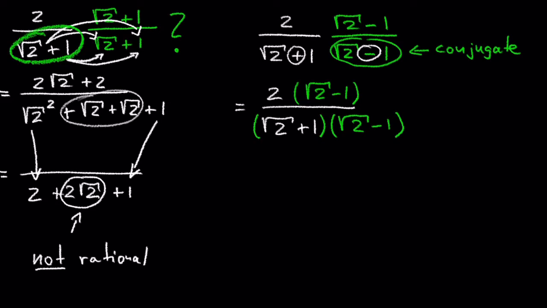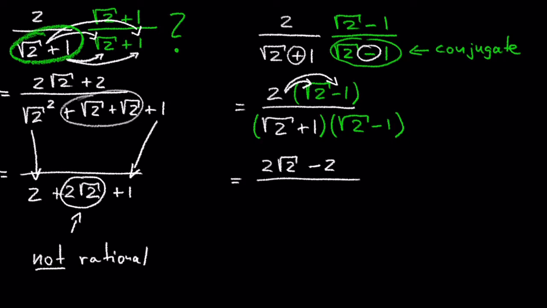So we get with the distributive law for multiplication 2 times the square root of 2 minus 2. The denominator you can solve with the FOIL method or however you want.